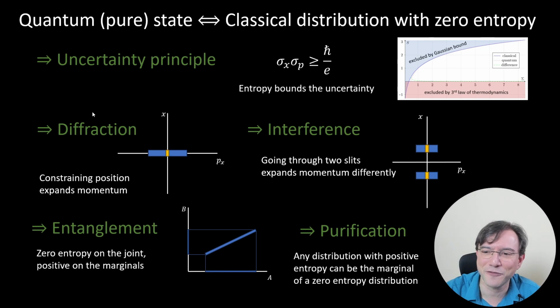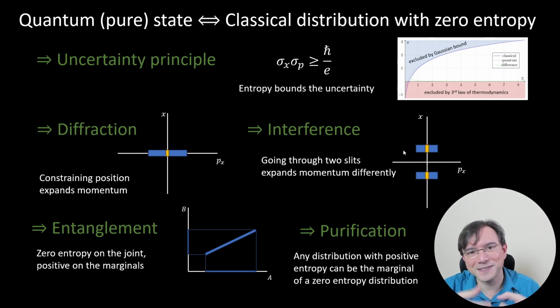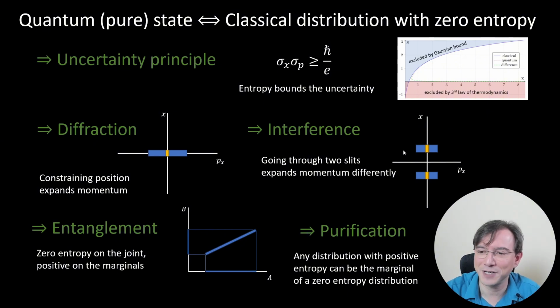We can get some similar ideas of diffraction, because when we are constraining position, then it means that we're going to expand the distribution of momentum, leading things to go up and down while they go through a slit. And we're going to have some type of analog of the interference, because if we make the single distribution go through two slits or one slit, the way that this distribution will spread will have to be different in the two cases.